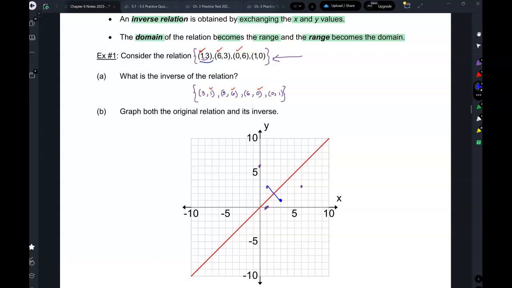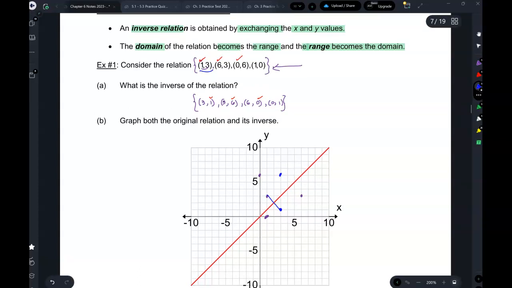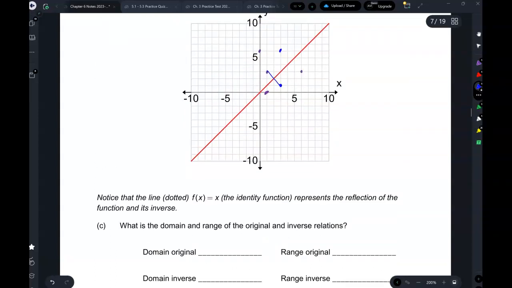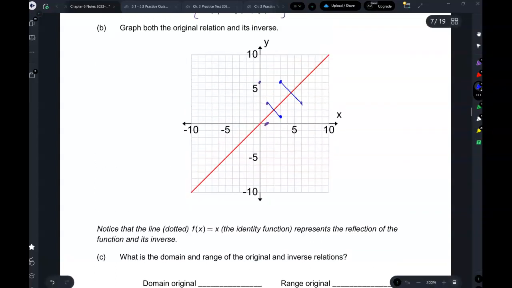Where is (3, 6)? It's the mirror image of its corresponding point here. Do you see that? The mirror image around that line, y equals x.